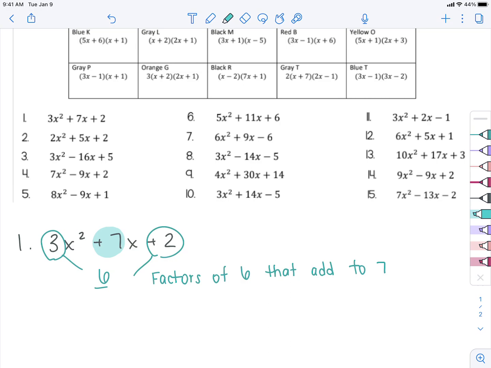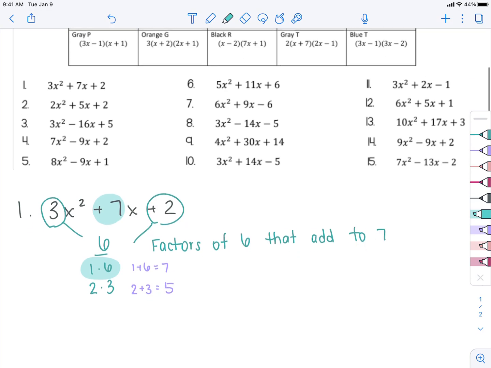I know my options or my factors of 6 are 1 and 6 and 2 and 3. 1 plus 6 is going to give me 7. 2 plus 3 is going to give me 5. So I'm going to choose 1 and 6, since 1 and 6 multiplies to 6 and adds to 7.